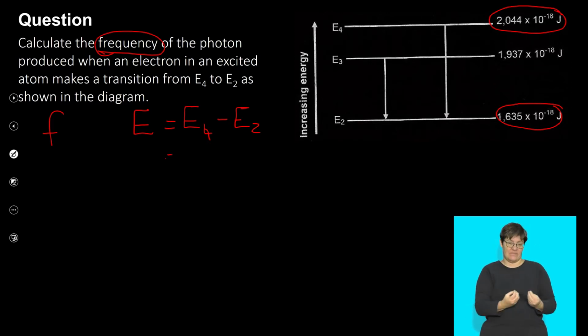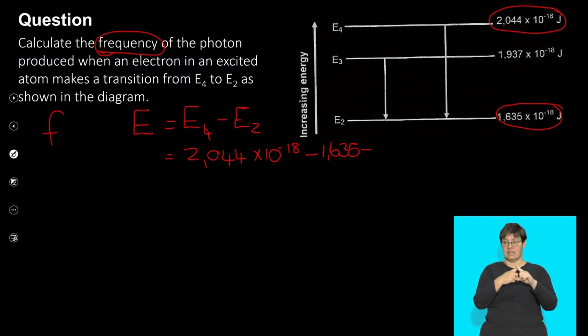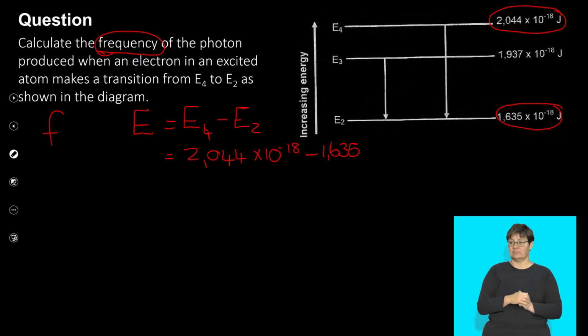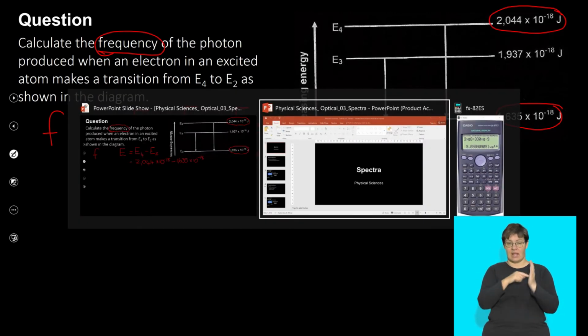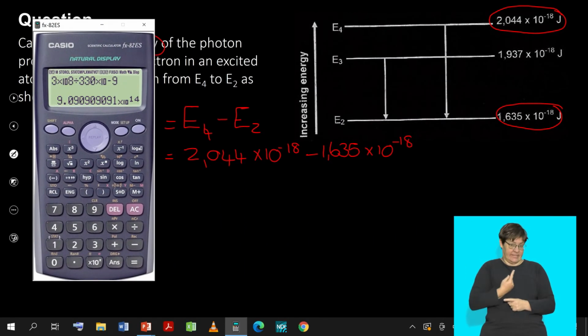So that means this is going to be 2.044 times 10 to the minus 18 minus 1.635. Oopsie, that should be a times, not, I don't know what I was going to write there, but it wasn't a times sign. We're going to use our calculators because I know I can't do this in my head.